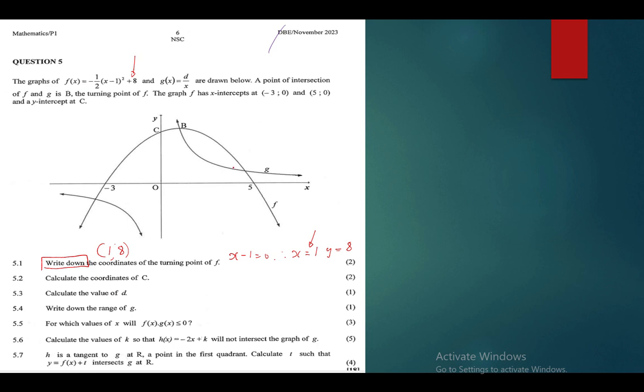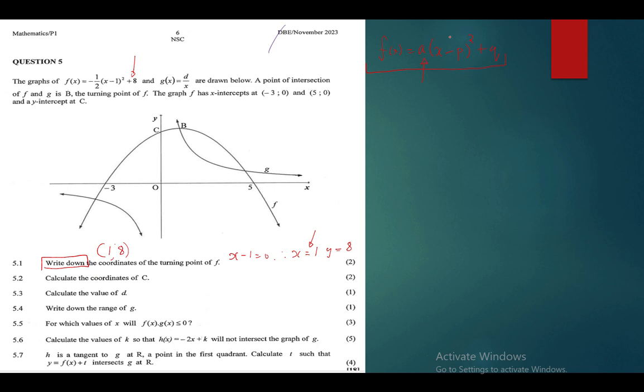Actually, guys, we are looking at the quadratic function which is in this form: f of x equals a times (x minus p) squared plus q. Most of the time, we can give you the quadratic functions in this form.